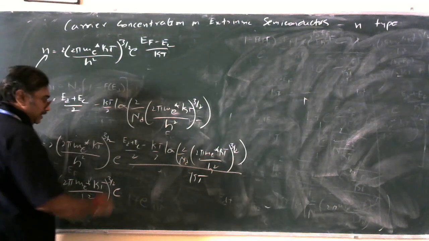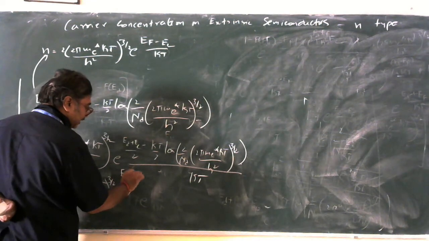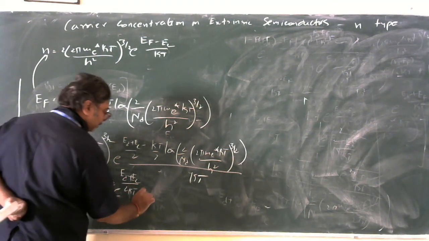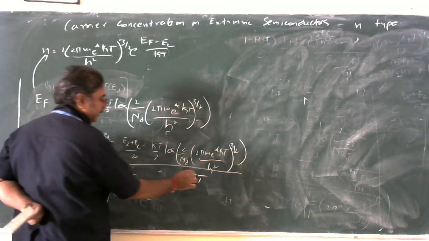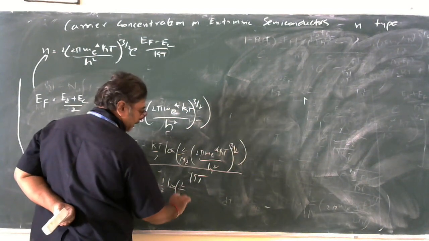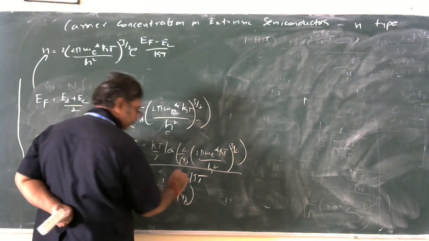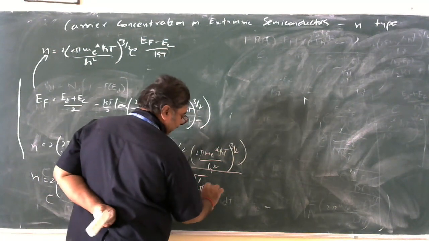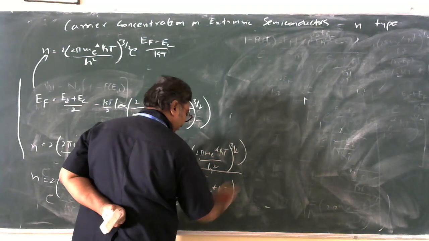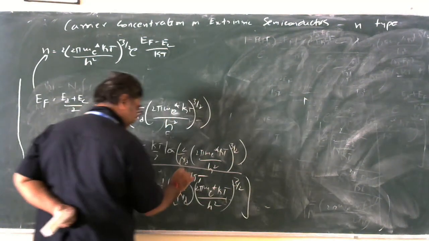So this becomes exponential of (Ed + Ec)/2kT, into exponential of... kT and kT get cancelled... minus 1/2 log of (2/N_d) into (2πm_e*kT/h²)^(3/2), full bracket close.